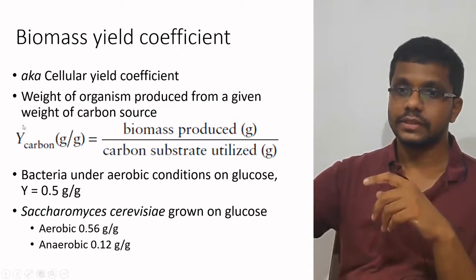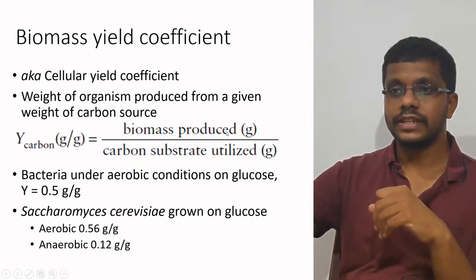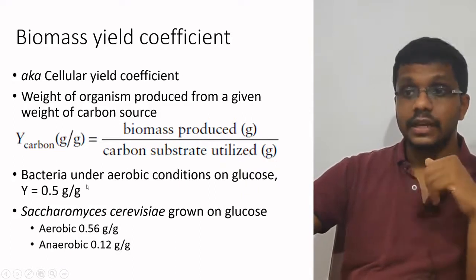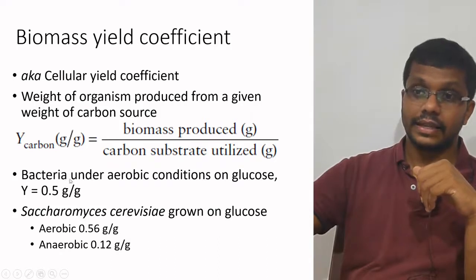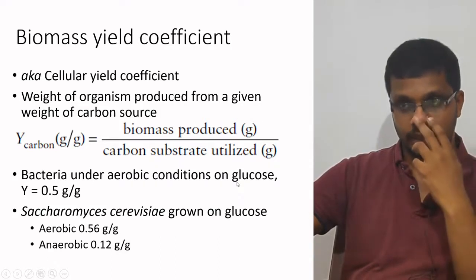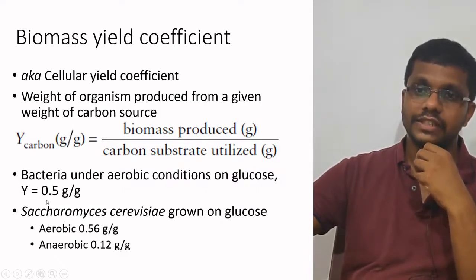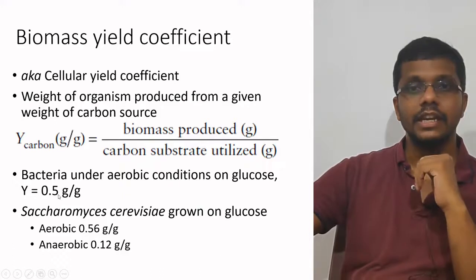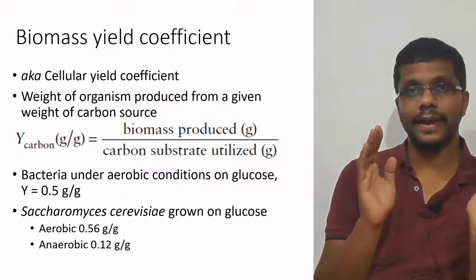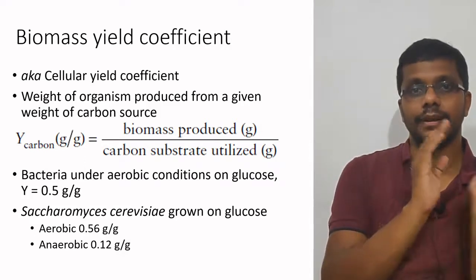Its equation is Y carbon equals biomass produced in grams divided by carbon substrate utilized. For example, if you are cultivating bacteria under aerobic conditions and using glucose as a carbon source, its biomass yield coefficient is 0.5. That means if you are giving 1 kilogram of glucose to a bacteria, the increase in biomass will be 0.5 kilogram.